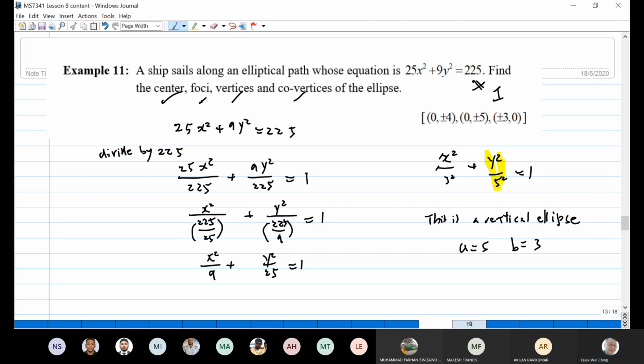So let's try: a equal 5, b equal 3. The next page will show you how to find the diagram.